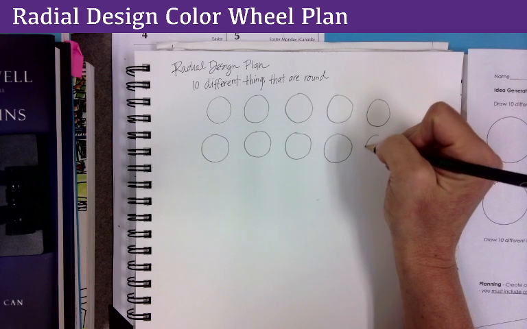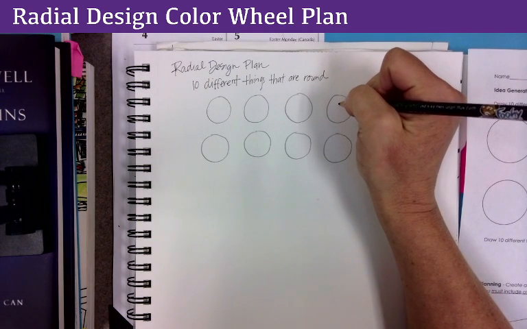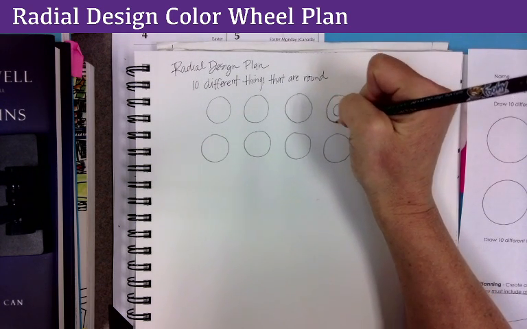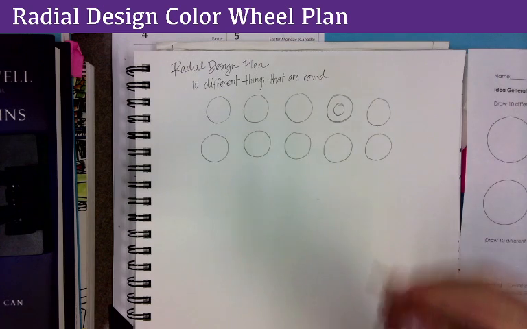Once I get that all set up, now I'm going to think about things that could be round. The first thing that comes to mind is a donut. If I draw that, I really can't tell the difference between a donut and a tire, or any number of things.